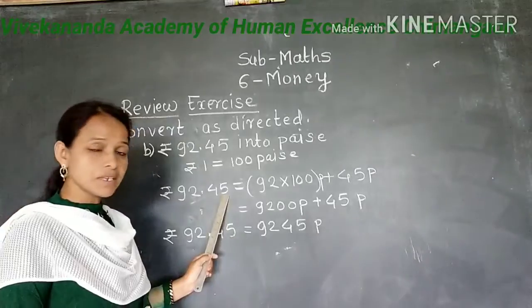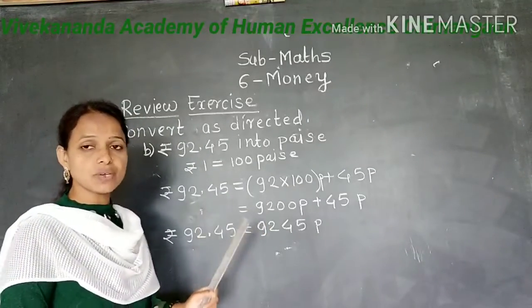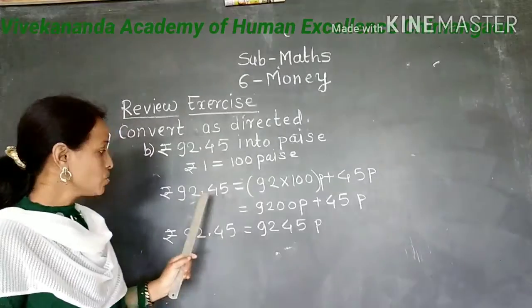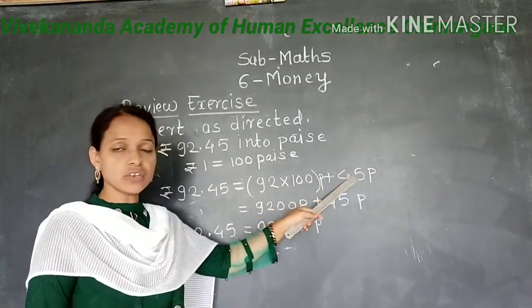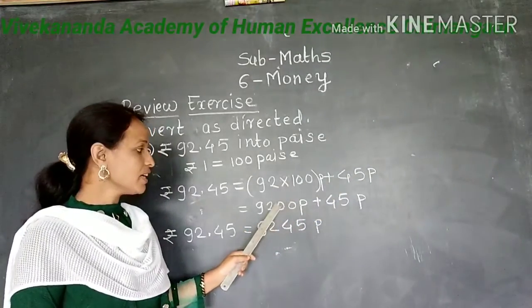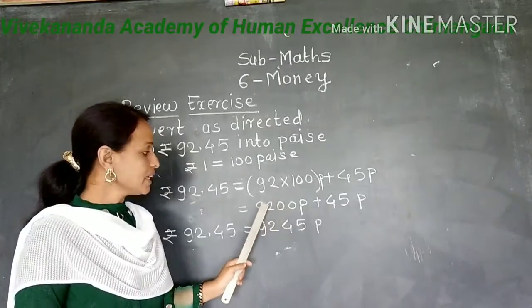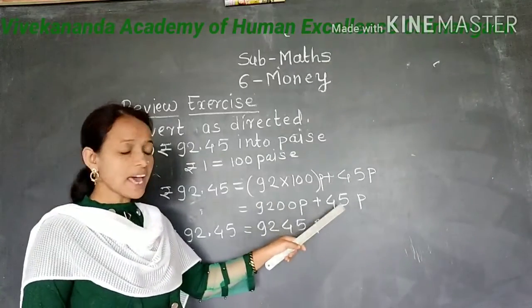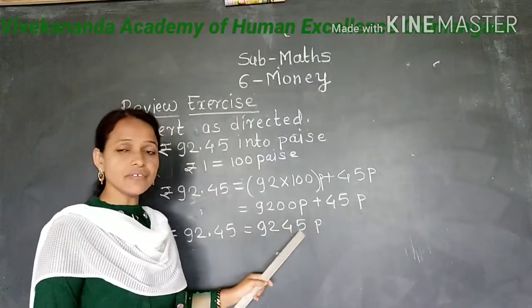Which is given in paise, we have to keep as it is, and only which is given in rupees, that we have to convert into paise. So here 92 multiply by 100 and add 45 paise. 92 multiply by 100, we get here product 9200. And in 9200, we add 45, we get here sum 9245.